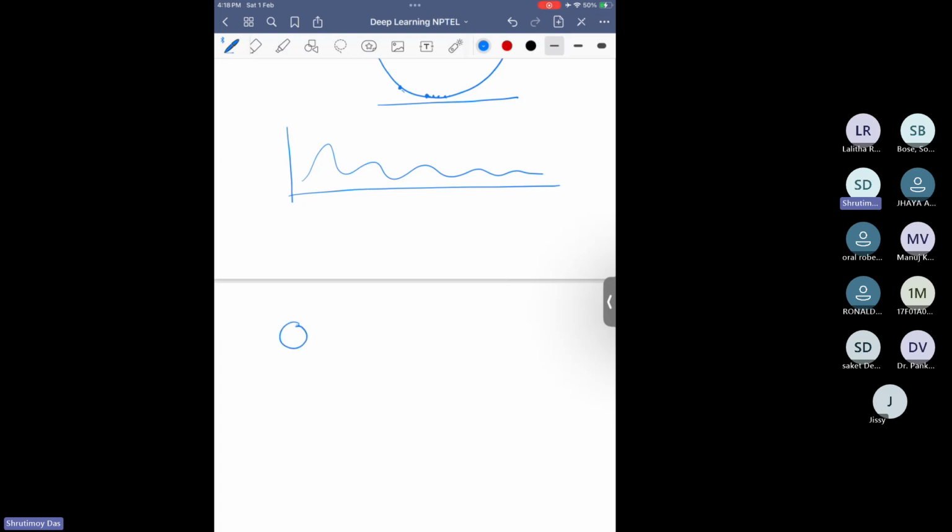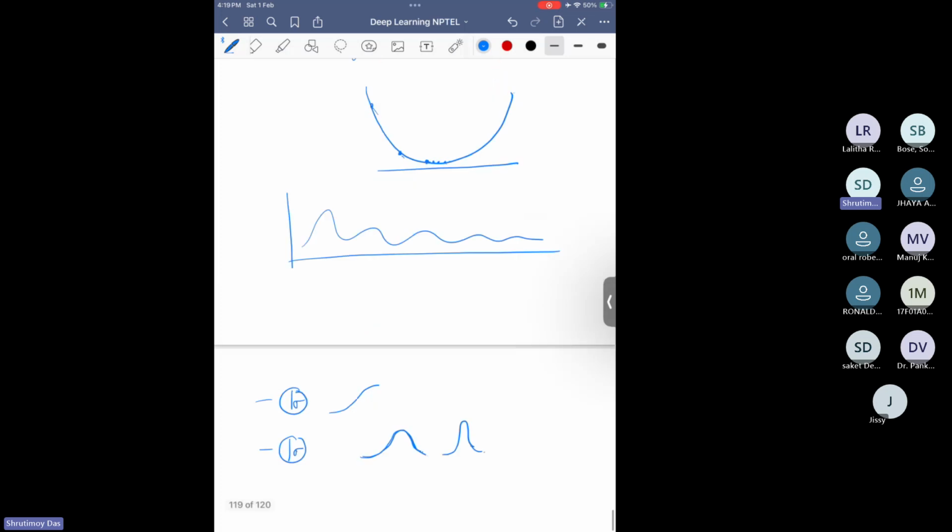For one perceptron that uses a sigmoid, you will have something like this. If you use two perceptrons, you can combine them to get something like this. If you have lots of these perceptrons, the shape can be like this, or like this, and so on. If you combine a lot of these perceptrons, you can have any desirable shape.